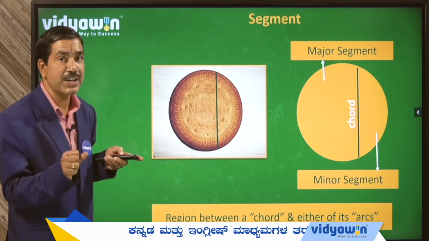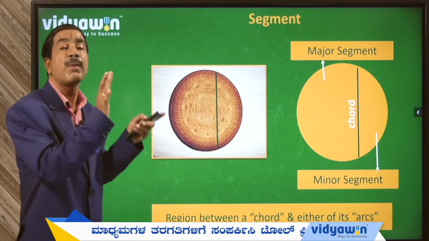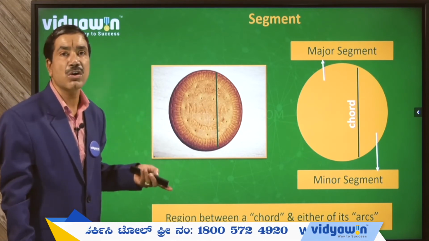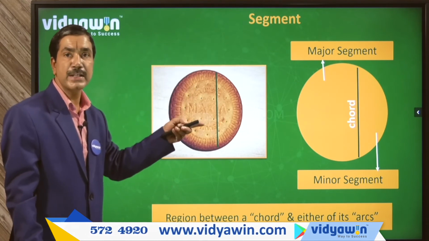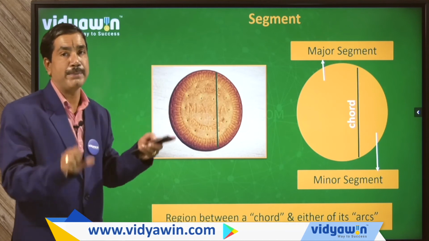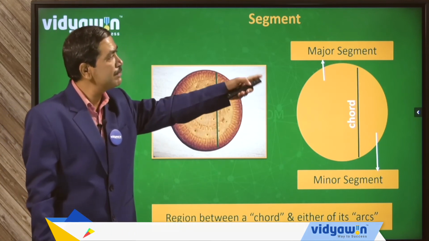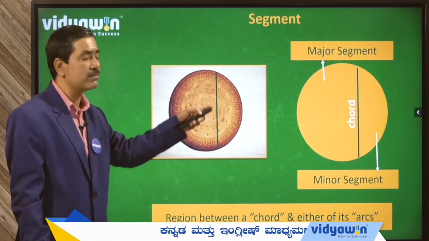Definition, listen once again. A part of a circle or a region bounded by a chord and an arc is called a segment. This segment again is of 2 types. One is the major segment. See, the maximum portion has been occupied out of this.